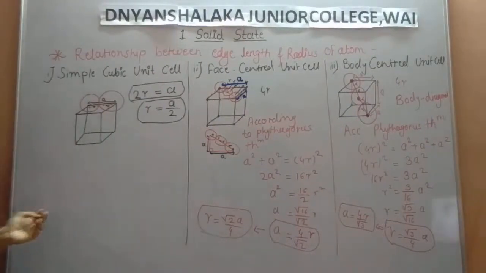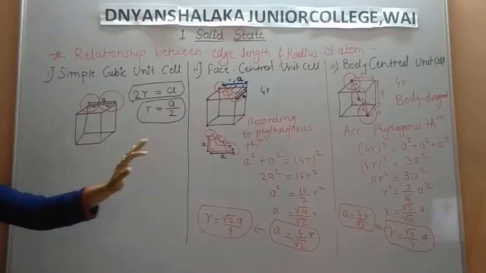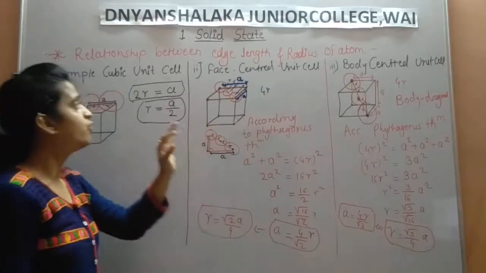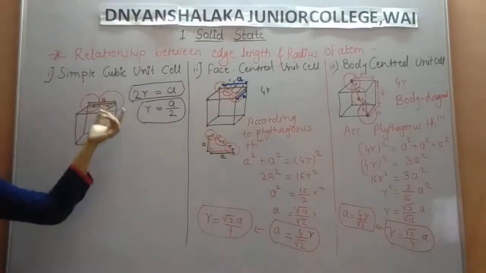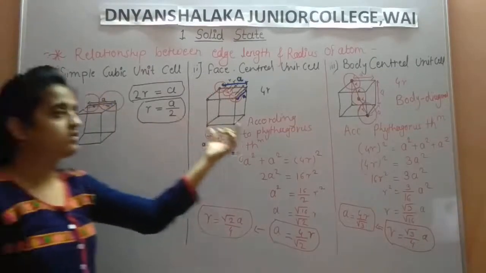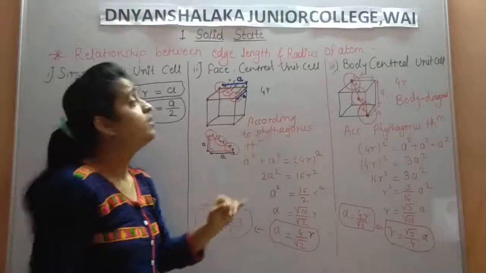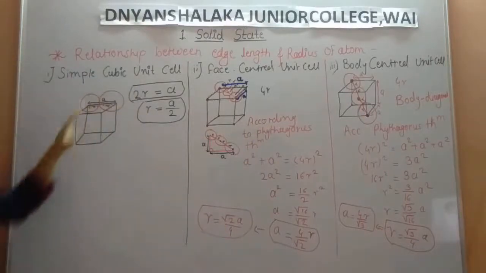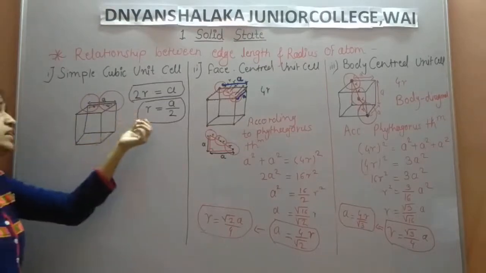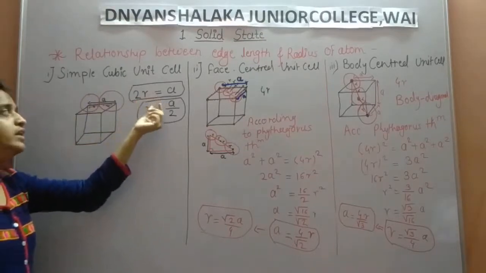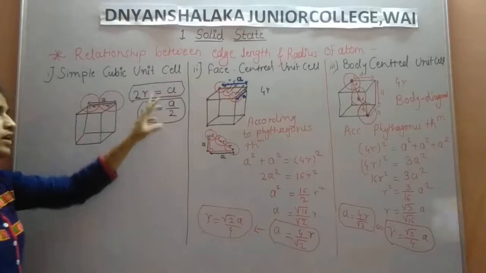In this lecture, we find out a relationship between edge length and radius of atom for 3 types of unit cell. For the first type of unit cell, simple or primitive unit cell. Second, face center unit cell, and third is body center unit cell. So for simple cubic unit cell, we get the equation a equals 2r, and next r equals a upon 2.